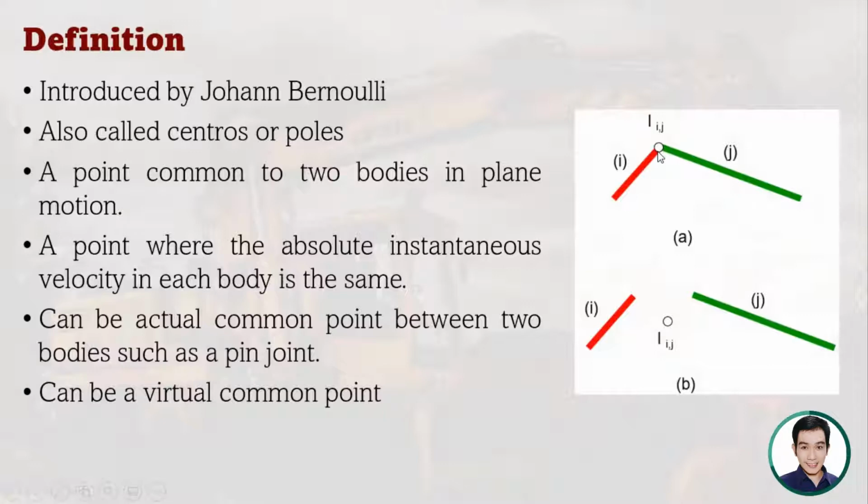So that joint is a centro. On the other hand, here at the bottom, we have the red link and the green link, and the common centro is not necessarily connected or physically present. So that is a virtual common point, but still considered a centro.